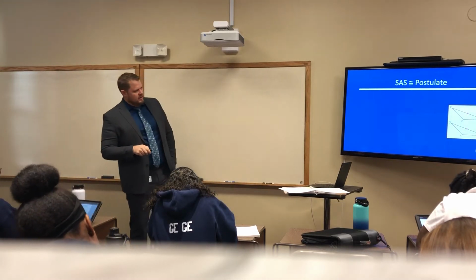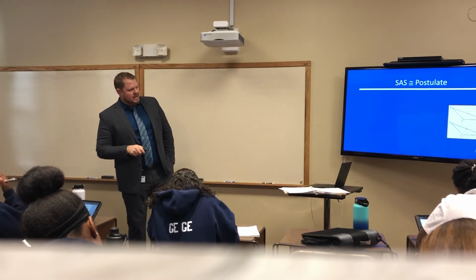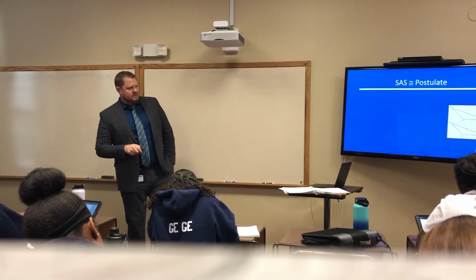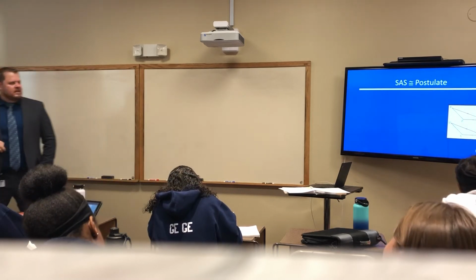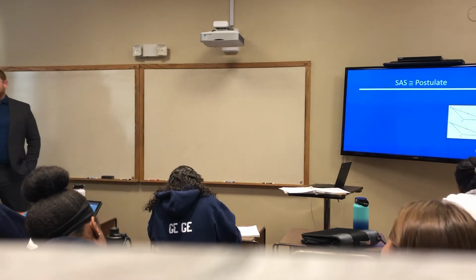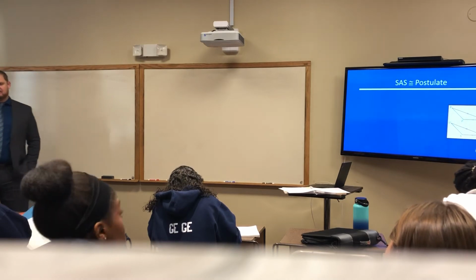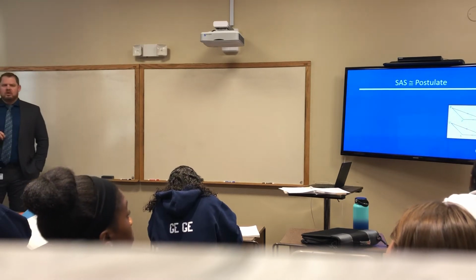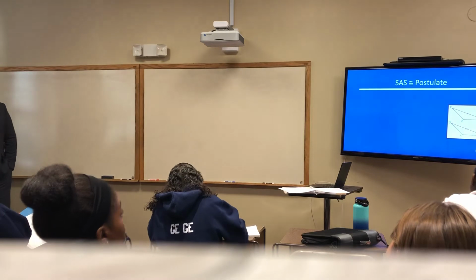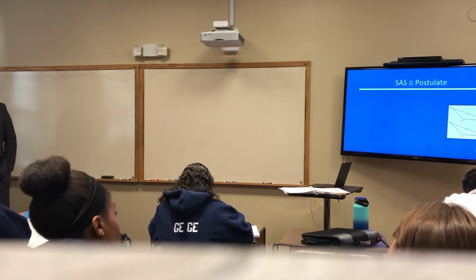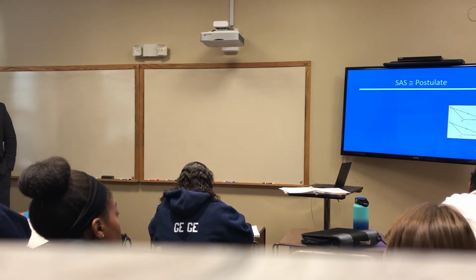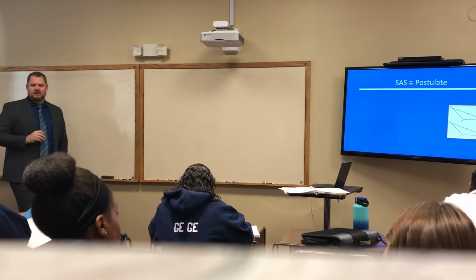You'll see our drawing here, and you'll see that there's a side and an angle and a side. Somebody tell me something that you see about that angle. Where is that angle located? Anthony, if you look at this, where is that angle located in relation to that triangle?